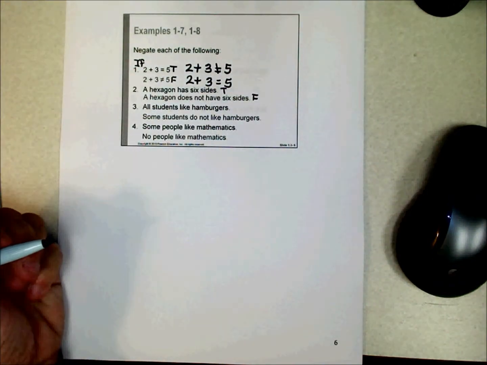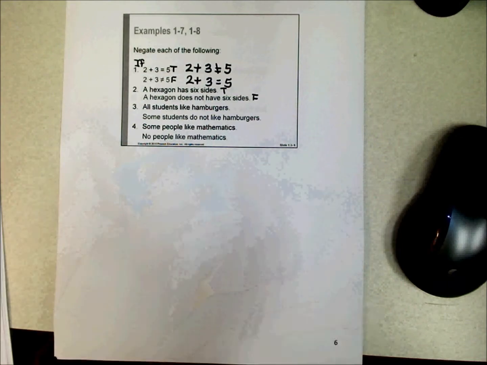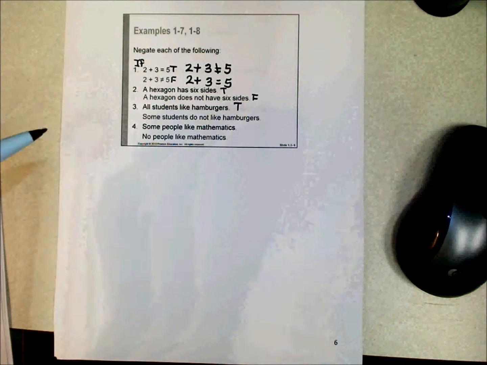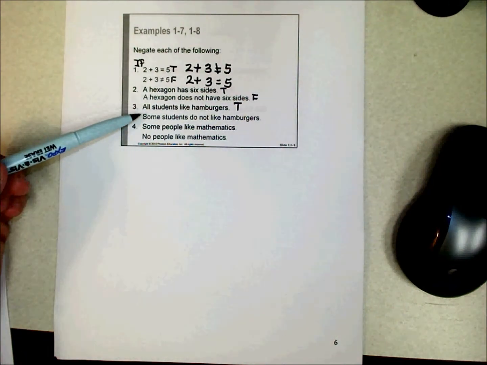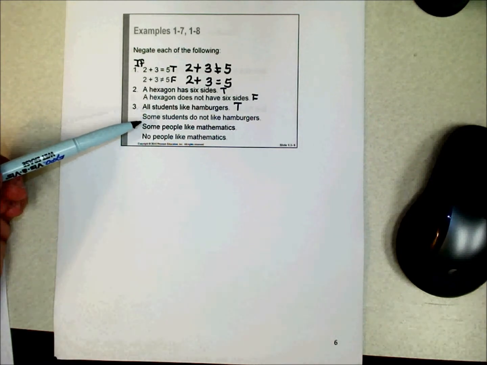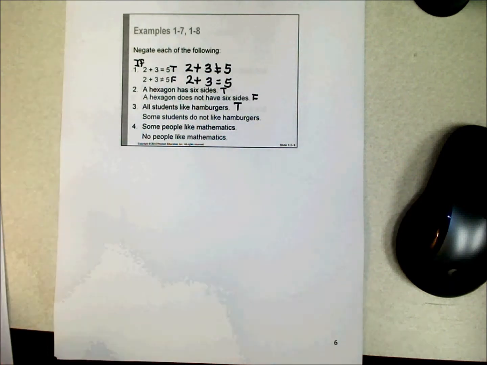All students like hamburgers. Okay, that's a true statement. If that's a true statement, then it would not be true to say that some don't like hamburgers, because if everyone likes them, then no people don't like them.